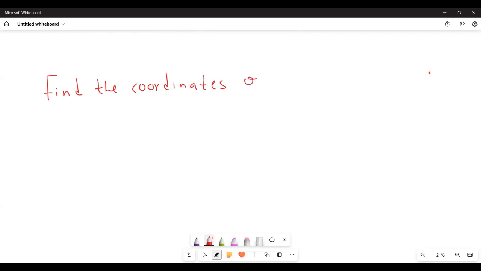Find the coordinates of the stationary points, if any.